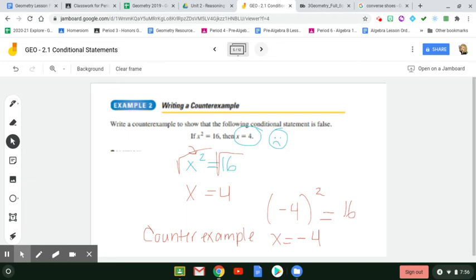So to get a counterexample, you're starting with the assumption that the hypothesis is true, and you're finding another example to prove that the conclusion is false. So in this problem, I started out by assuming that the hypothesis, x squared equals 16, was true. And then I went off of that to show that there was another counterexample out there of x equals -4.